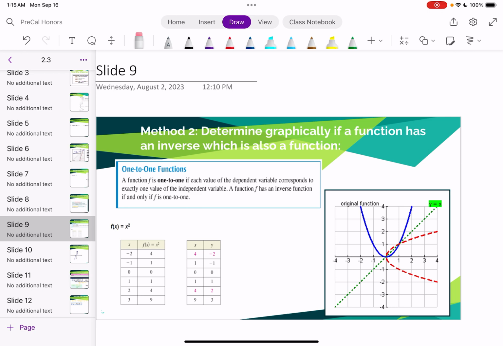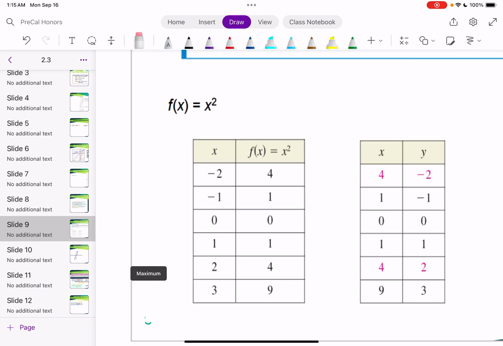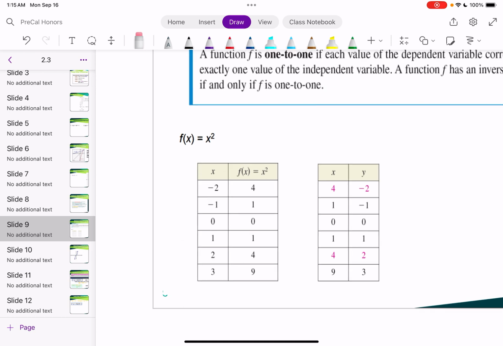So let's go ahead and take a look at the function. Our initial function starts off as f of x is equal to x squared. A table has been formatted. As we plug in -2, we got 4, -1 is 1, 0 is 0, 1 is 1, 2 is 4, and 3 is 9.